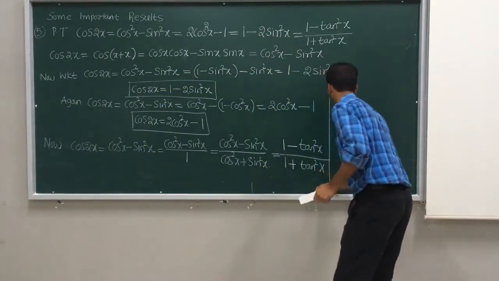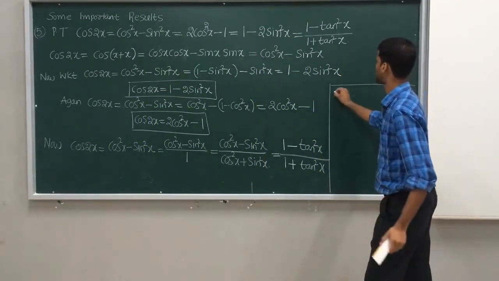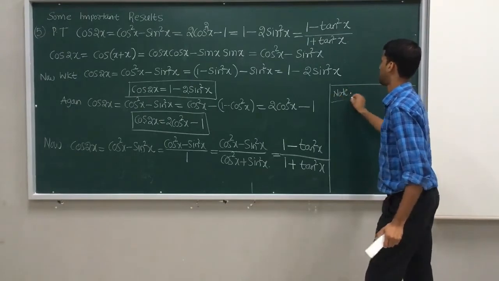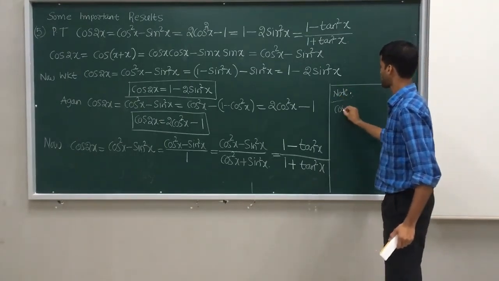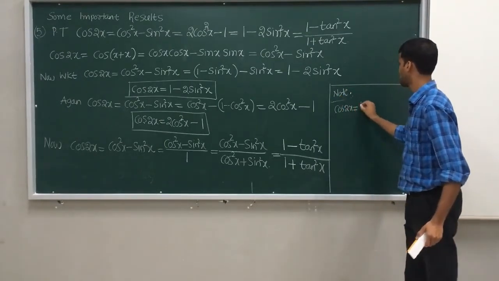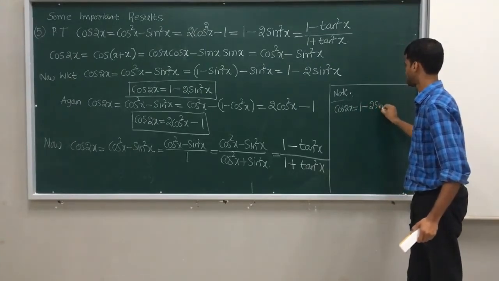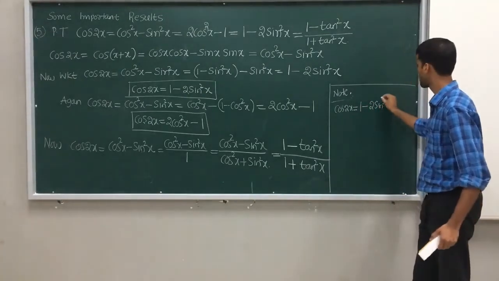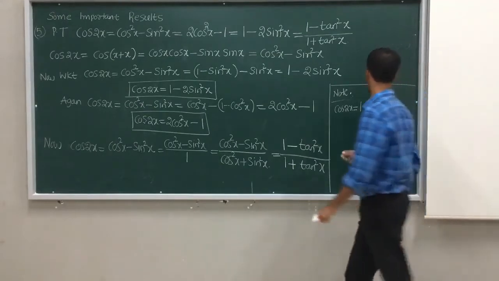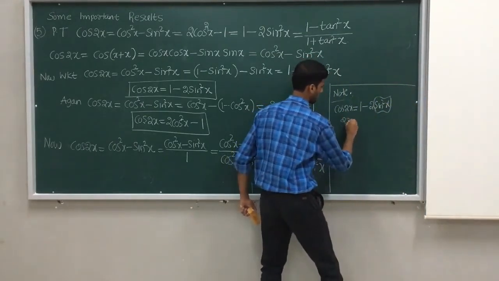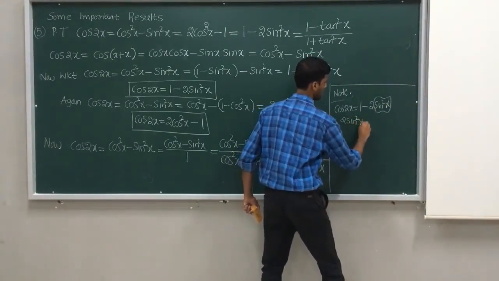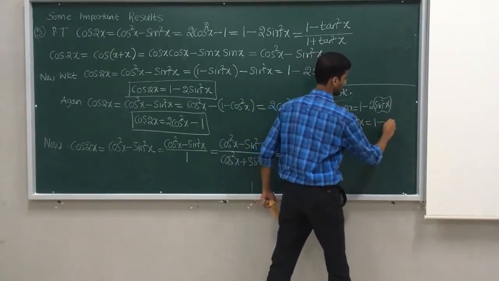Now I will give one note to you people. Keep this in mind. Note. See, cos 2x is equal to 1 minus 2 sin square x. Okay, but I want an expression for sin square x. What to do? Bring 2 sin square x this side. Therefore, 2 sin square x equal to 1 minus cos 2x.